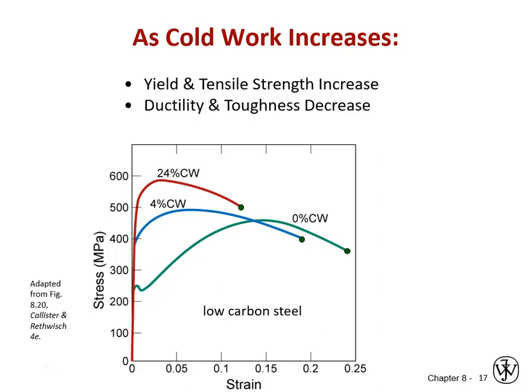So as you increase the number of dislocations in a material and increase their extent of entanglement by cold working, by forcing deformation in your material as part of your processing, you'll increase yield and tensile strength, and you'll decrease ductility and toughness.